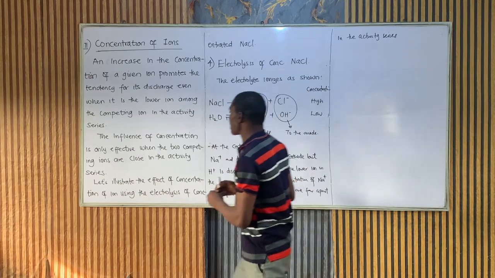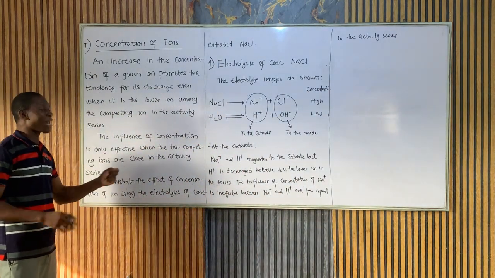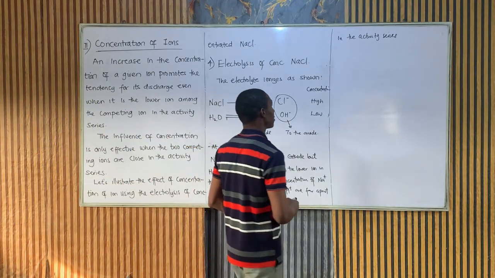And so what the statement means is that the influence of concentration is only effective when the two competing ions are close in the activity series. So they are not close actually.